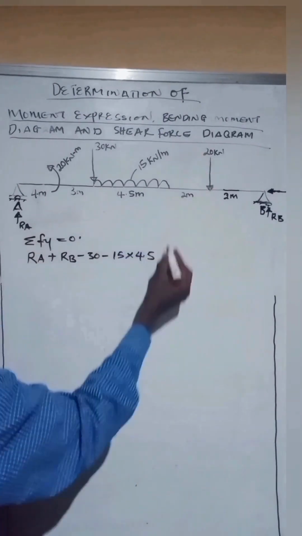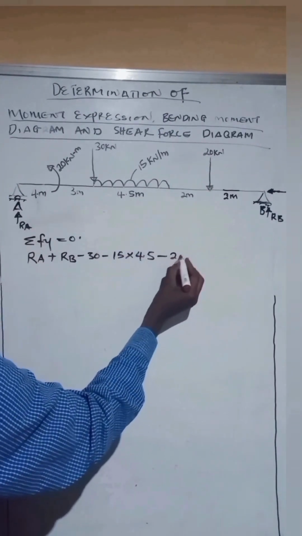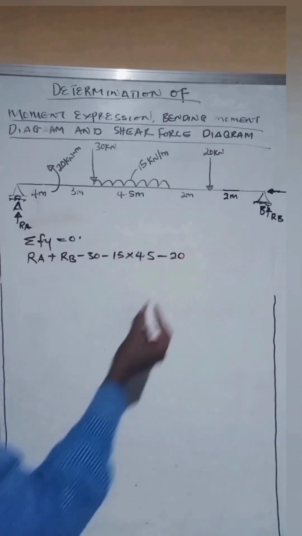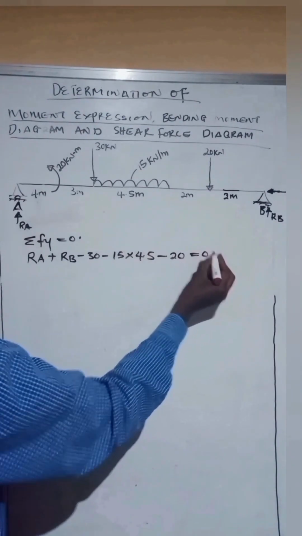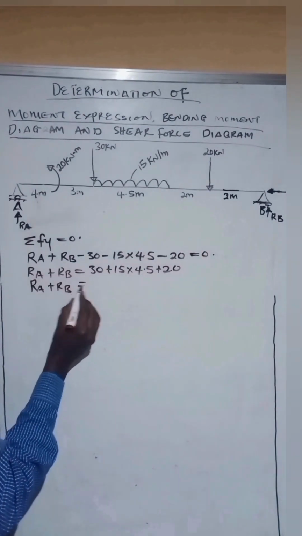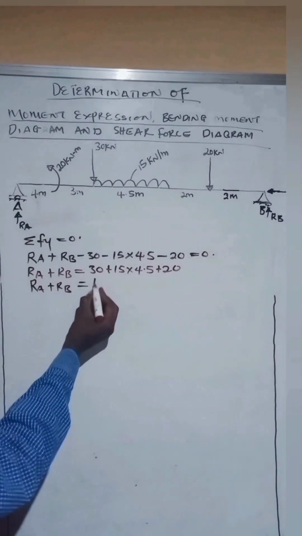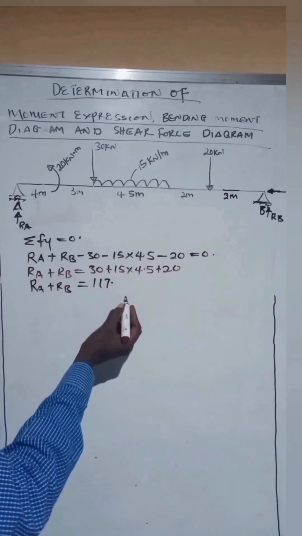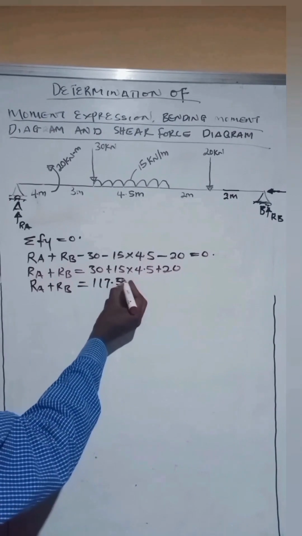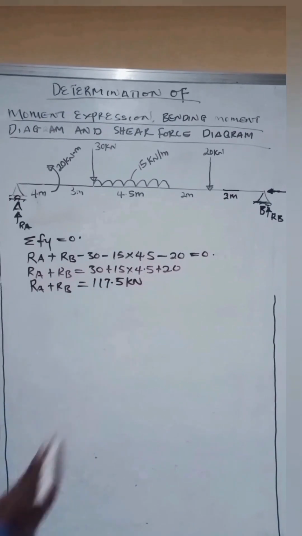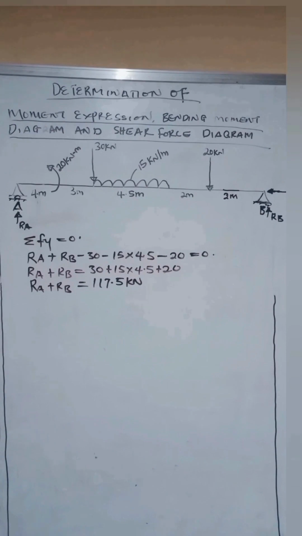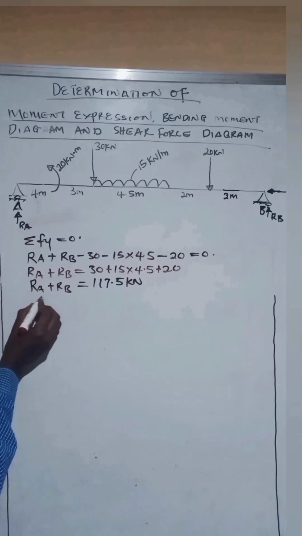Okay, we have here 20, all equal to 0. RA plus RB is equal to 117.5 kilonewton.